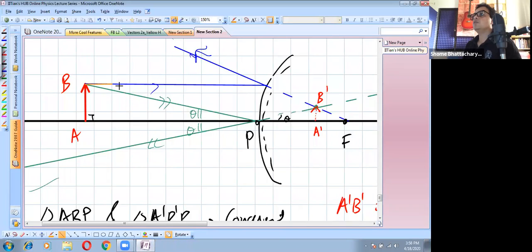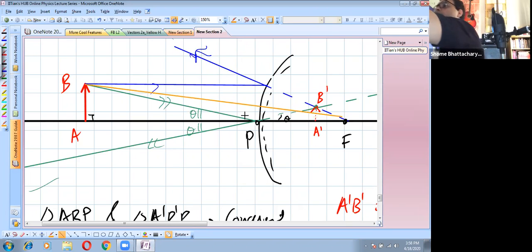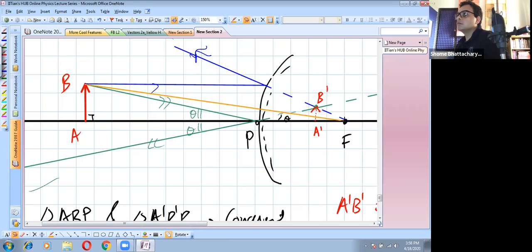So you talk about this ray now, which if you keep producing it forward, it should pass through the focal point. So this one. What should happen to it after reflection? It should become parallel to the principal axis. So very interesting. After reflection, it should become parallel to the principal axis.